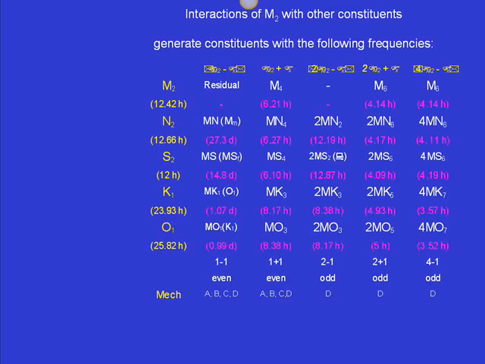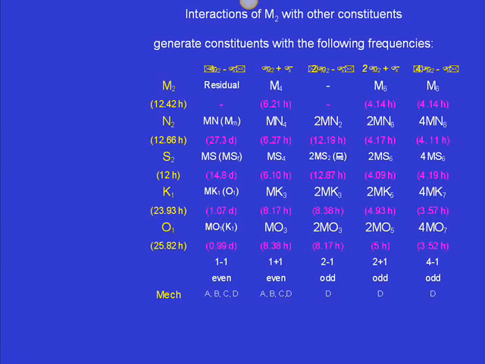When the M2 interacts with the M2, it generates these, and we'll talk about them in a moment. When the M2 interacts with the N2, it generates these compound tides. When it interacts with the S2, it generates all these compound tides. When it interacts with the diurnal K1, it generates those compound tides, and when it interacts with this other diurnal, it generates all those compound tides.